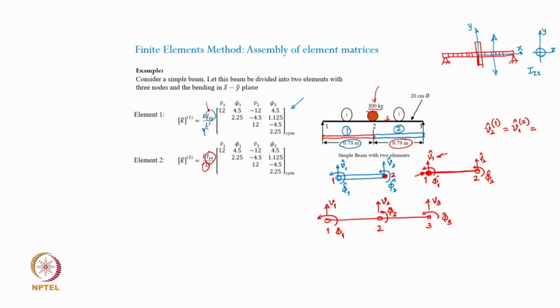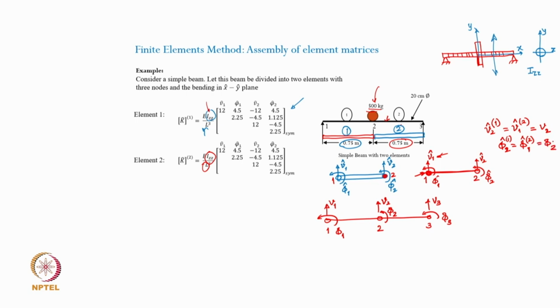So, it is quite obvious that this has to be V 2, that is the lateral displacement in the vertical plane V 2, right. And of course, it also means that phi 1 cap for the second element will be the same as phi 2 cap for the first element, and that should be phi 2.